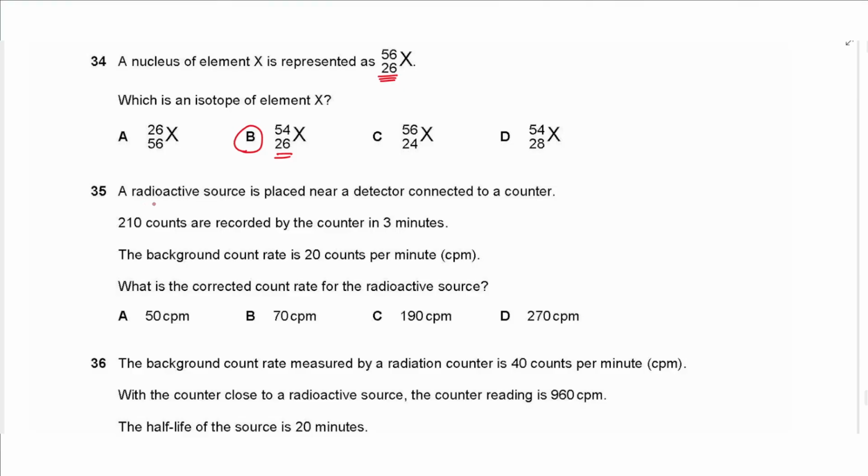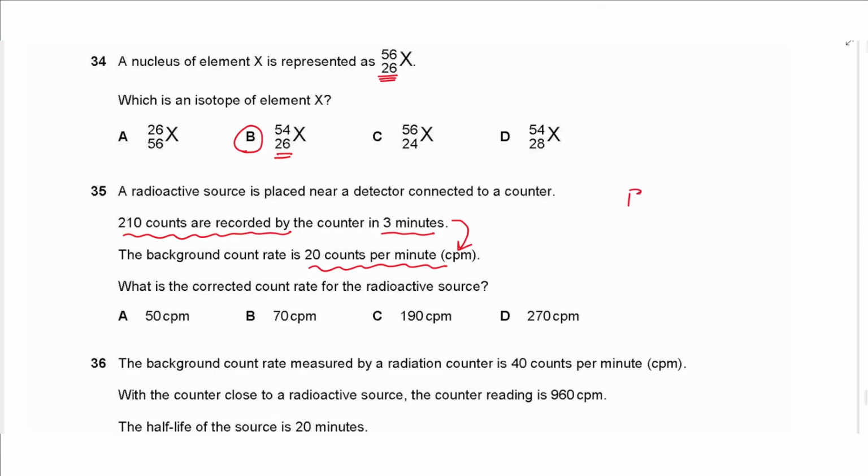Question 35 says a radioactive source is placed near a detector connected to a counter. 210 counts are recorded by the counter in 3 minutes. The background count rate is 20 counts per minute. What is the correct count rate in counts per minute for the radioactive source? So in 3 minutes, we would have counted 3 times this value for background.